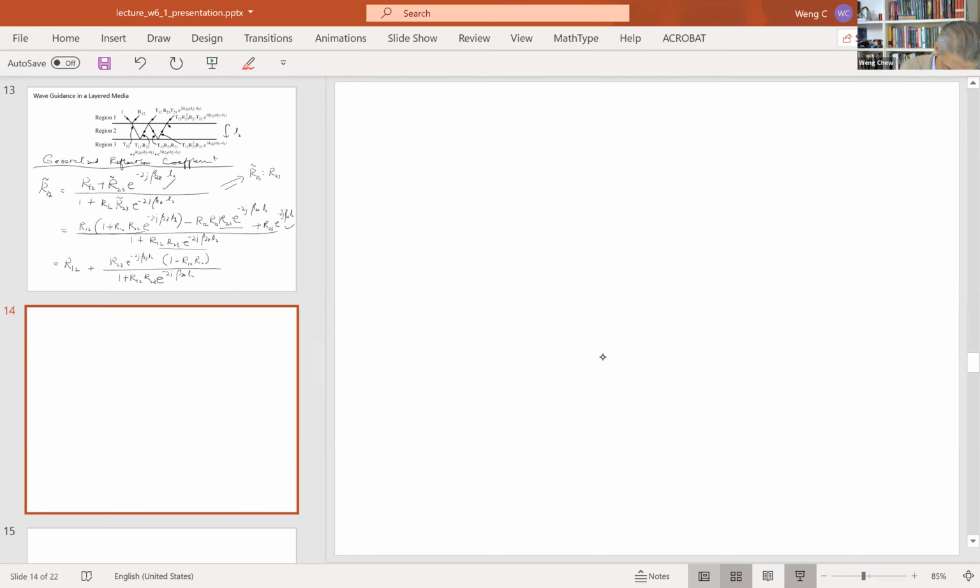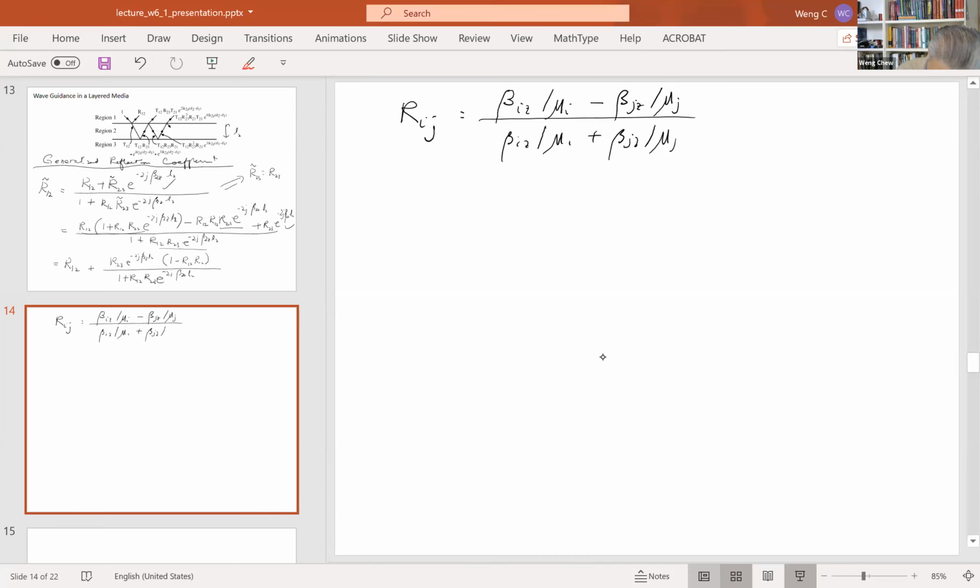Rij, if I just look at the TE case, Rij is beta Iz over mu I divided by beta Jz over mu J over beta Iz over mu I plus beta Jz over mu J. We have an Ij interface.